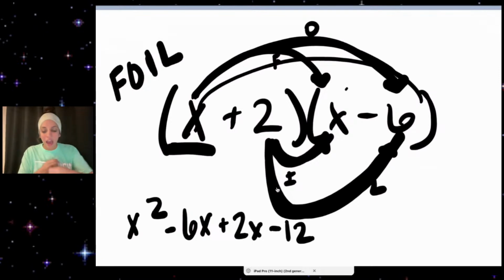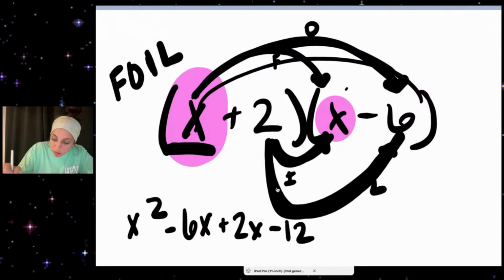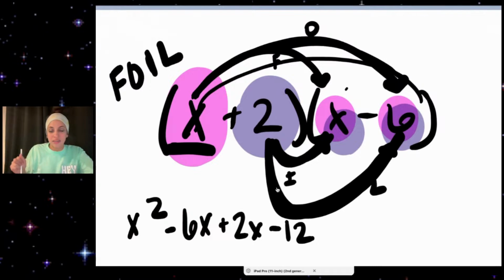You see how I multiplied this times both of these, and then I multiplied this times both of these. So when I'm looking at that, this 3 is going to play a huge part in what adds together to give me that 10.